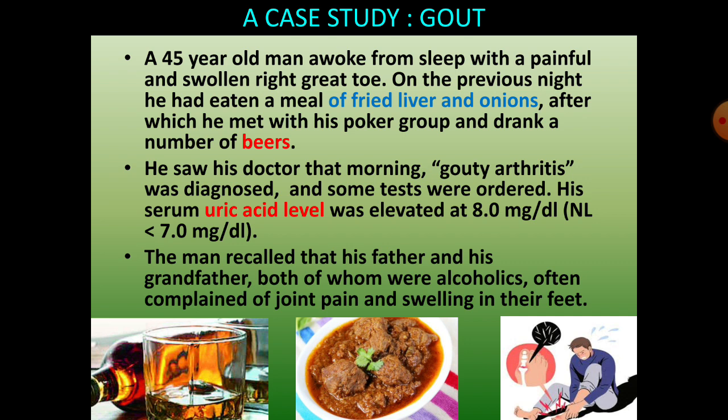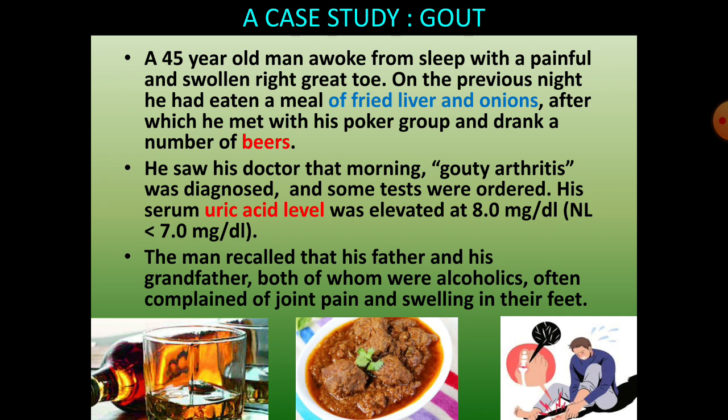He saw his doctor that morning and gouty arthritis was diagnosed. Based on what? Because the clinical features had telltale signs and symptoms. So it was very evident that it was going in favor of gout.